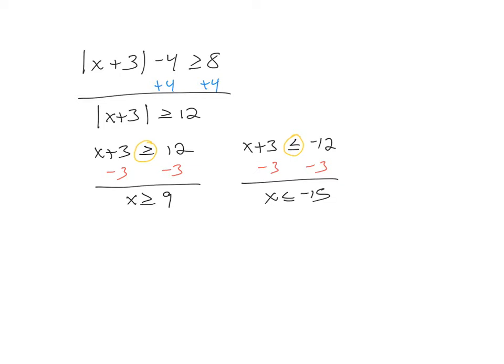And then on these, we need to graph the solution. So negative 15 is over here, 9 is over here. So it says greater than or equal to, so that means I color the circle in. Greater than means go to the right.